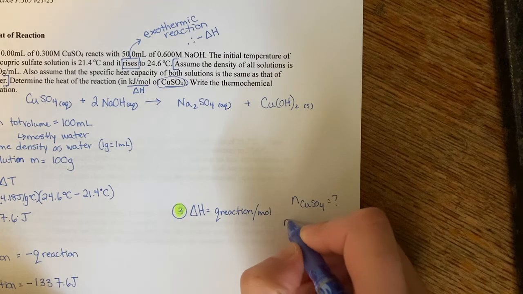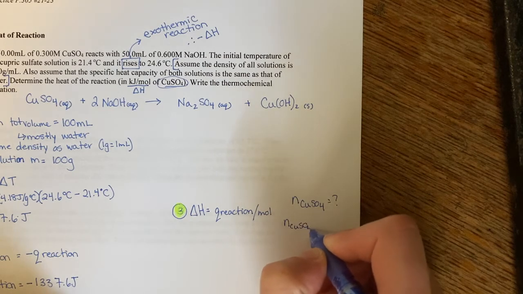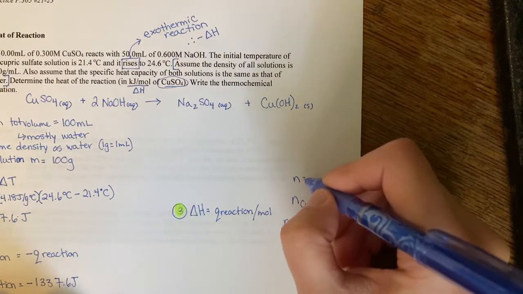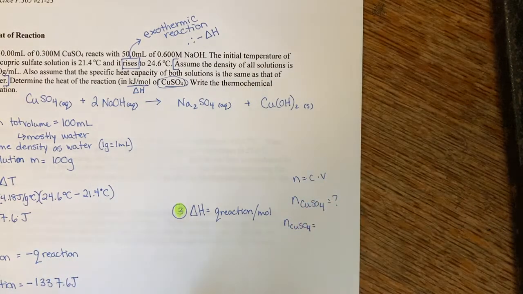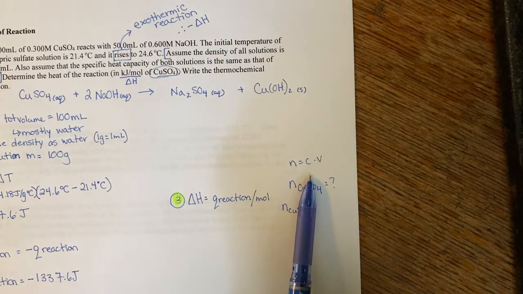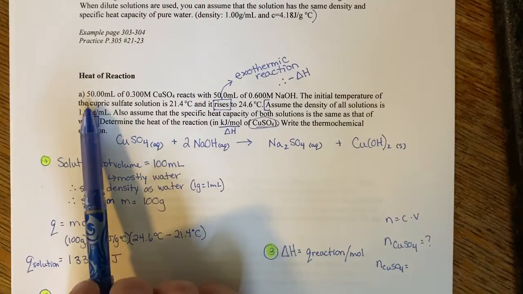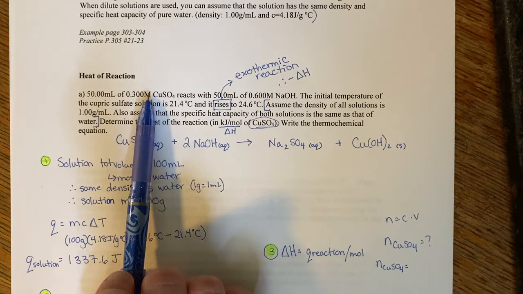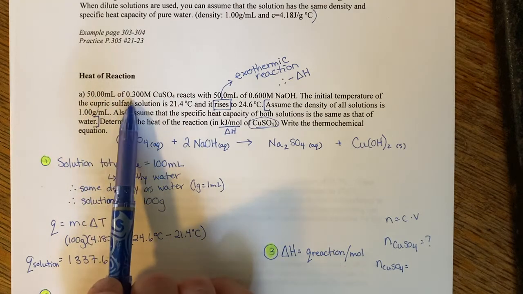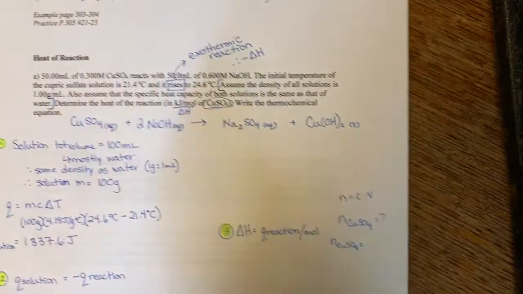So n of CuSO4 is equal to C times V, if you remember from your grade 11 solutions unit. We are given information in the question about the volume and the concentration of our copper sulfate. So we have 50 milliliters, which we need to convert into liters, and we have 0.3 moles per liter.